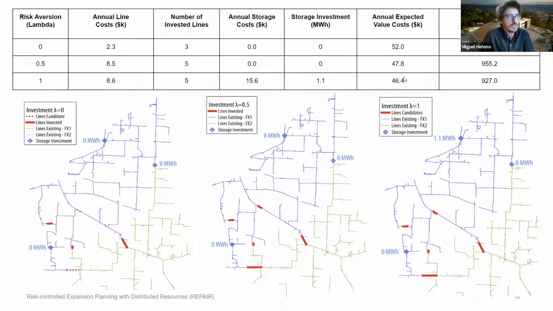As you can see, this change in risk aversion doesn't change much the loss of load costs in an expected value, but it does in the conditional value at risk. So there is a big difference when you look at what can happen in the worst case in terms of value of loss of load, basically translated here into a cost.